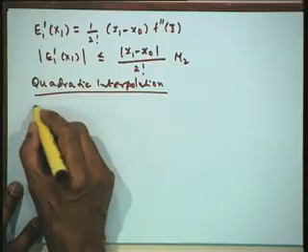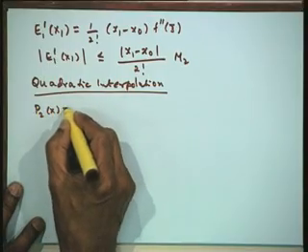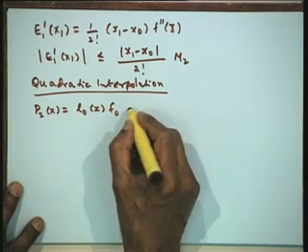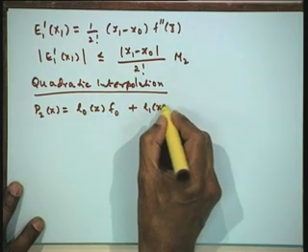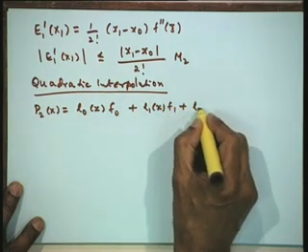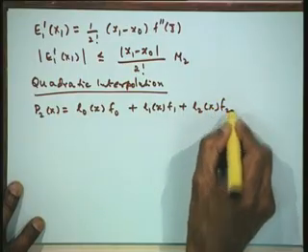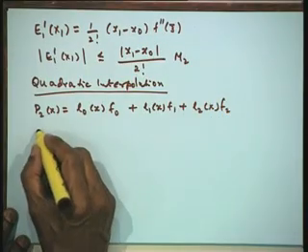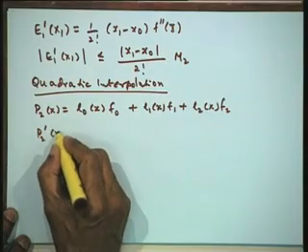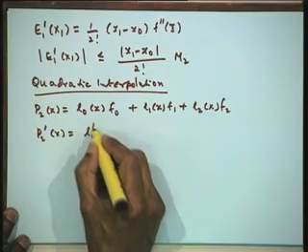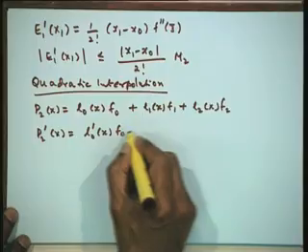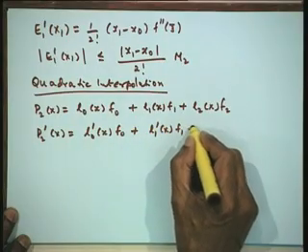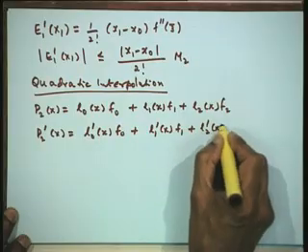So, we need to write the Lagrange polynomial: L 0 of x times f 0 plus L 1 of x times f 1 plus L 2 of x times f 2. Now, if I want the derivative, I will just write p 2 prime of x: derivative of L 0 of x times f 0 plus derivative of L 1 of x times f 1 plus derivative of L 2 of x times f 2.